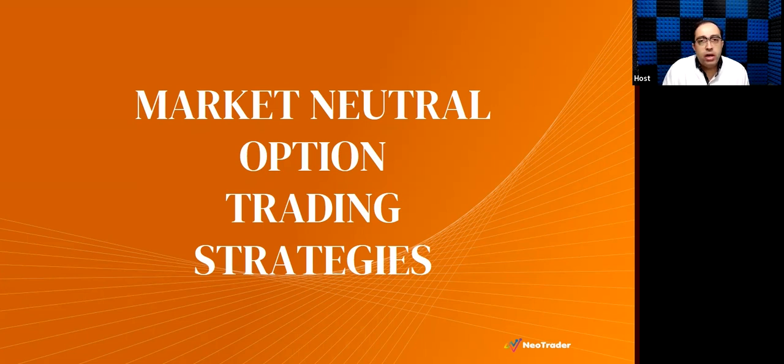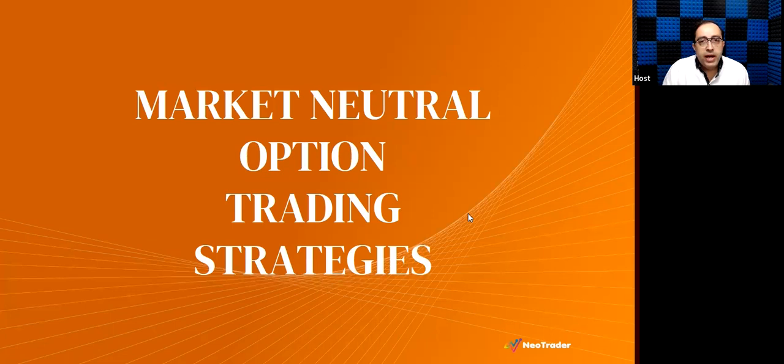Now, market neutral option trading strategy, इसका मतलब क्या है कि जब भी मार्केट में कोई डायरेक्शन नहीं है, तभी वी नीड टू हैव सम क्लैरिटी, and when that clarity is not established, we will not go into a directional one, we'll go into a market neutral one.